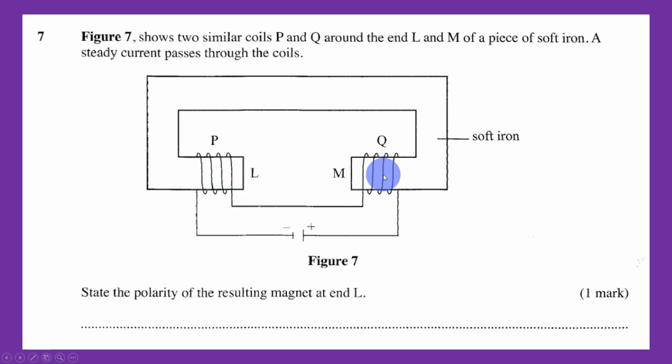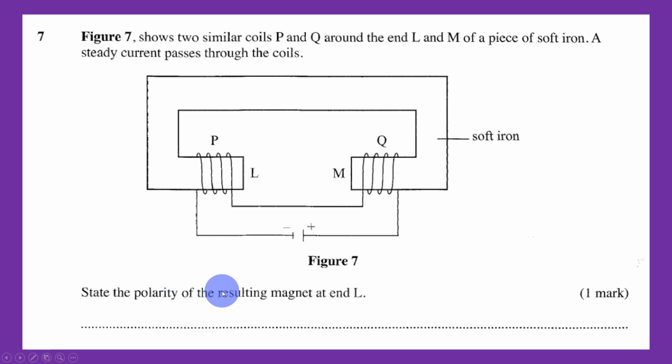So according to the right hand grip rule here, a north pole is formed here, a south pole is formed there. According again to the same right hand grip rule with the currents now moving upwards here, you can see that a north pole is here and a south pole is here. So L is south, M is south, and there will be repulsion.